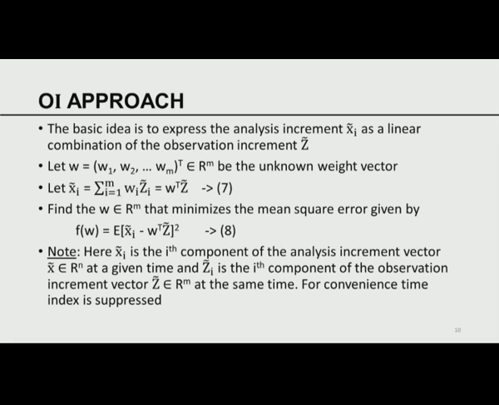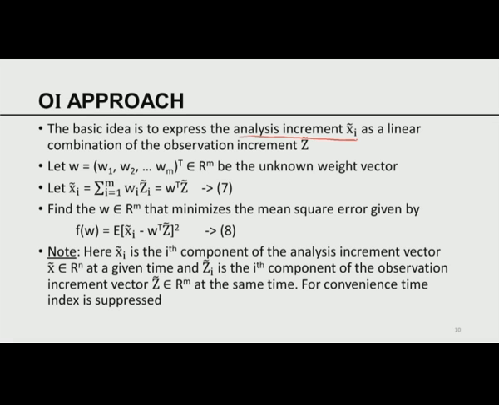So what is the optimal interpolation approach? Please understand, this is one of the earliest known methods in predictive science. The basic idea of optimal interpolation is to express the analysis increment. What is the analysis increment? X minus X bar, so X tilde i.